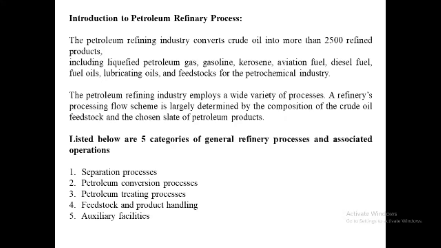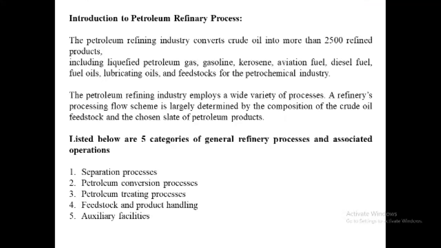The second is petroleum conversion processes. Basically, the cracking, thermal and catalytic, then reforming, alkylation, then polymerization, isomerization, then coking and visbreaking are included in these processes. The third is petroleum treating processes. In that, hydrodesulfurization, then hydrotreating, chemical sweetening, then acid gas removal and desalting.